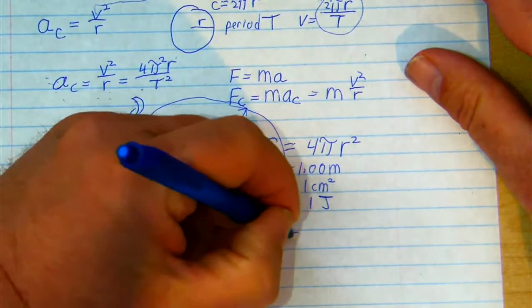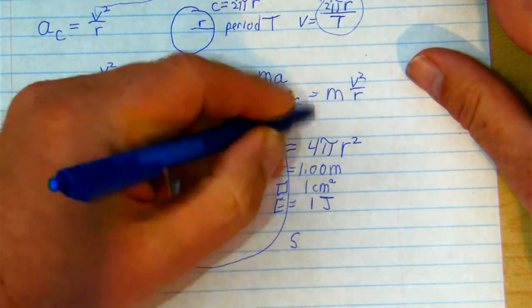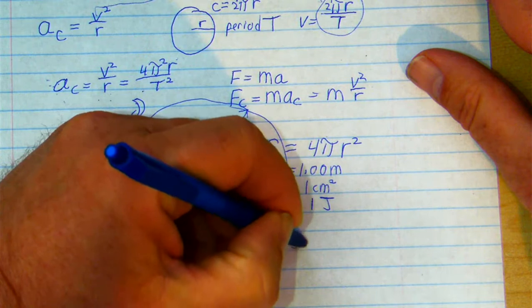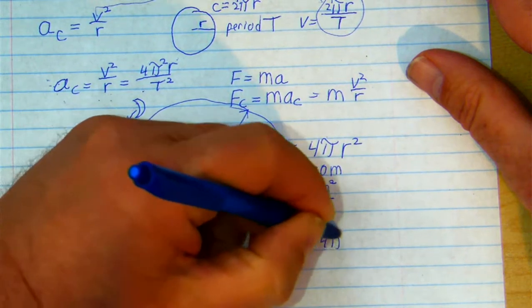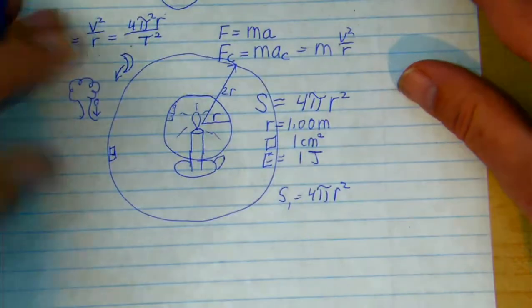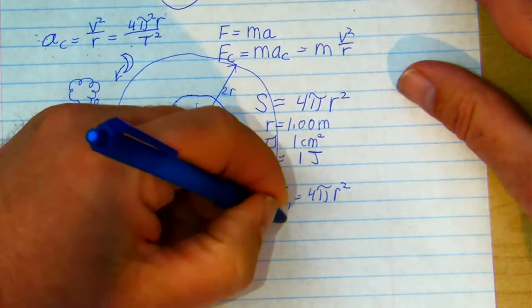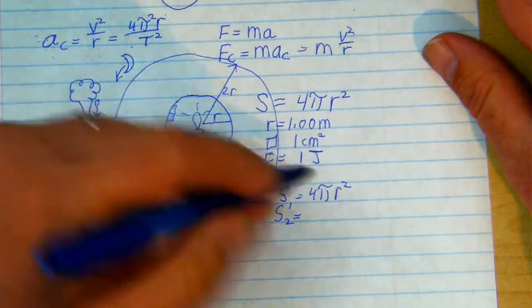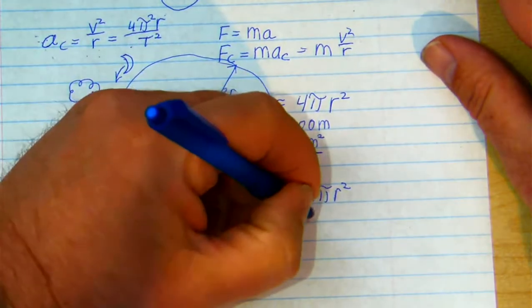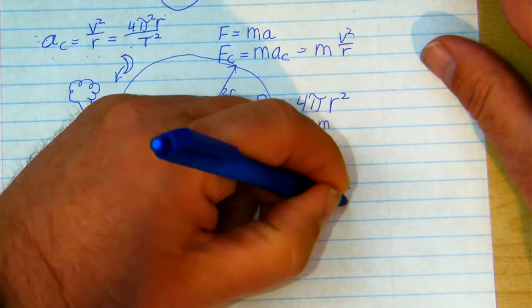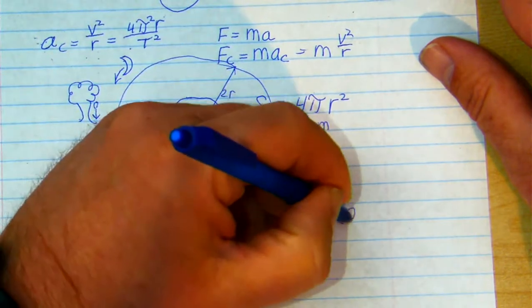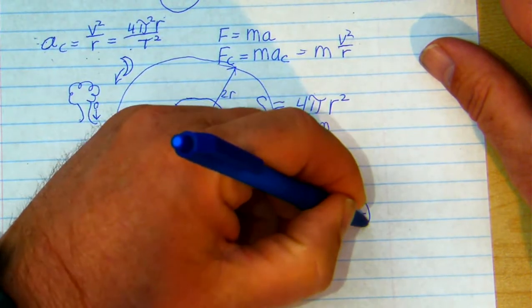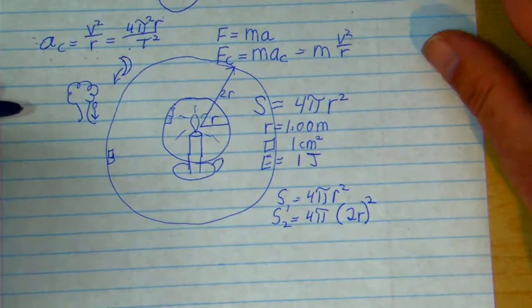If the surface area of the sphere that was 1 meter in radius is 4 pi r squared, then the surface area of the sphere with a 2 meter radius, I'm sorry I said diameter, 2 meter radius, is going to be 4 pi (2r) squared.